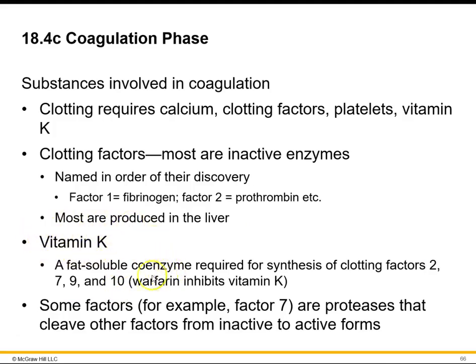Vitamin K is a coenzyme. Incidentally, warfarin, the drug warfarin, if you know anyone on that, or it's sometimes also called Coumadin, inhibits vitamin K, and that's going to inhibit clotting factors 2, 7, 9, and 10, and that's how warfarin is used as an anticoagulant.